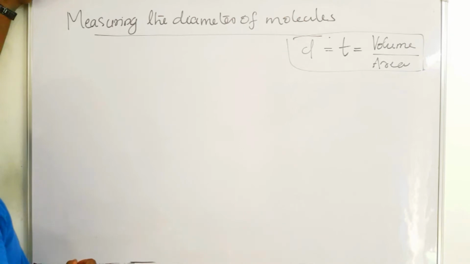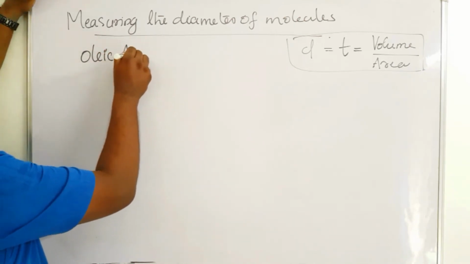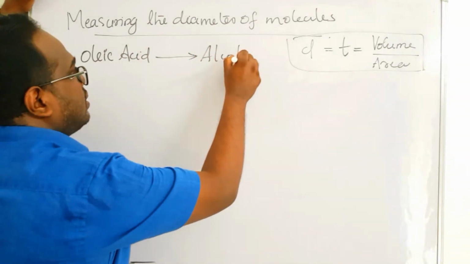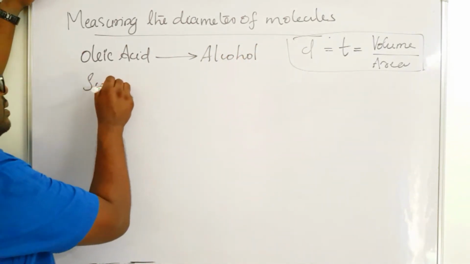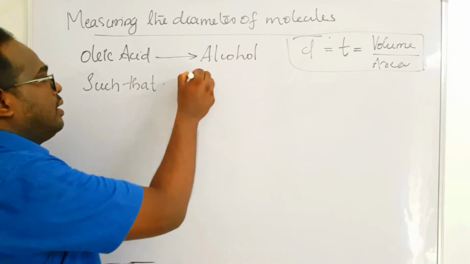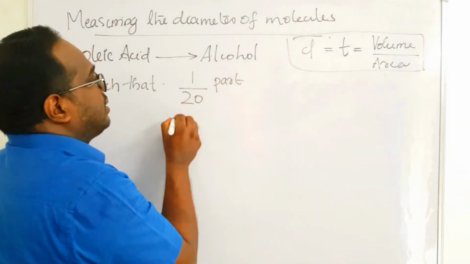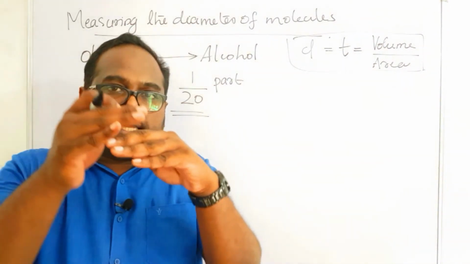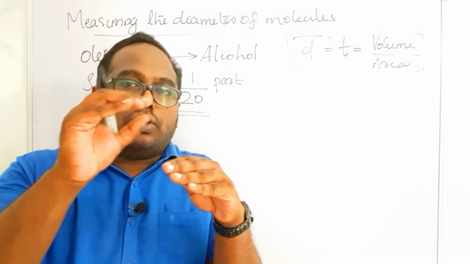You take oleic acid and mix it with alcohol such that its dilution will be 1 by 20 part. So if you are mixing oleic acid with alcohol, the dilution will be 1 by 20.